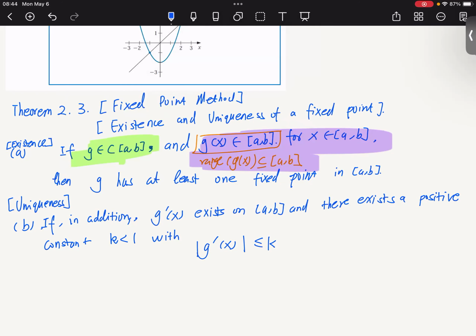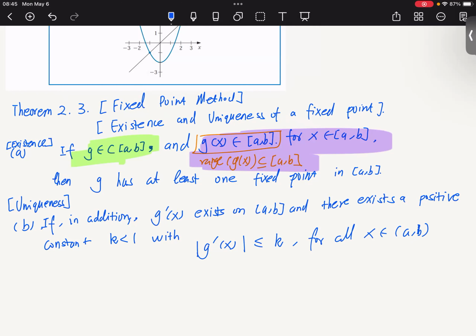And this is the requirement here. It's about the derivative of the G function. For all the x on the open interval (a, b), because the derivative should exist inside the interval.